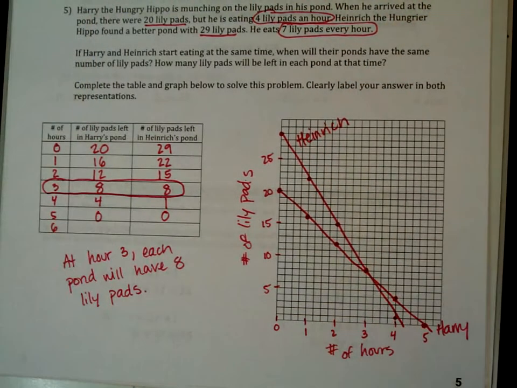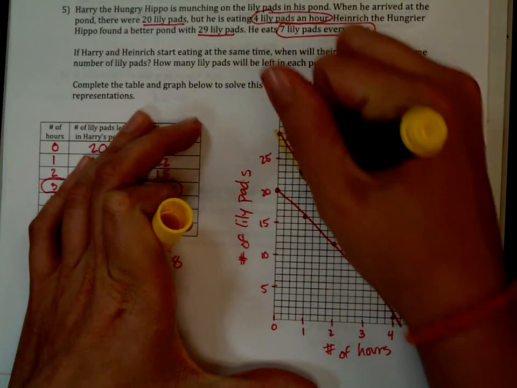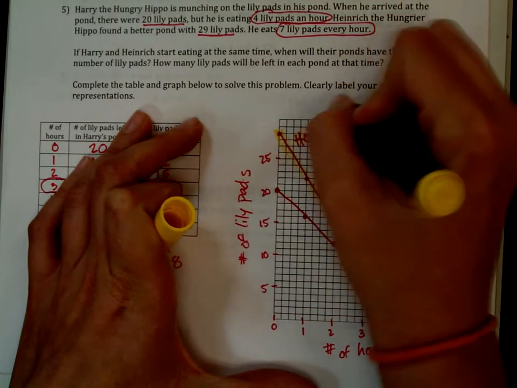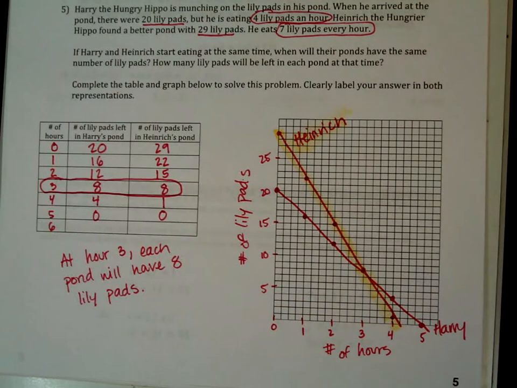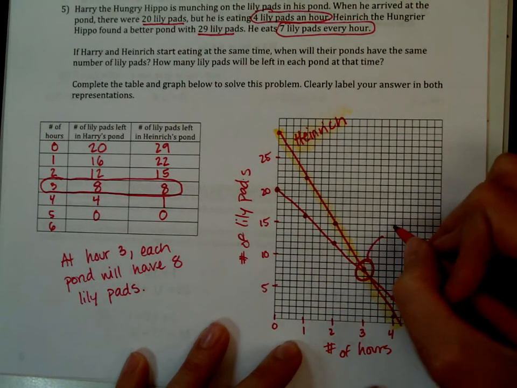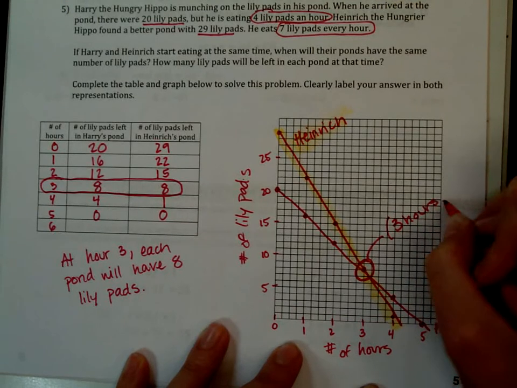I'm going to color his in yellow. My yellow doesn't really work. So we see right here their intersection. And so their intersection is 3 hours and 8 lily pads.